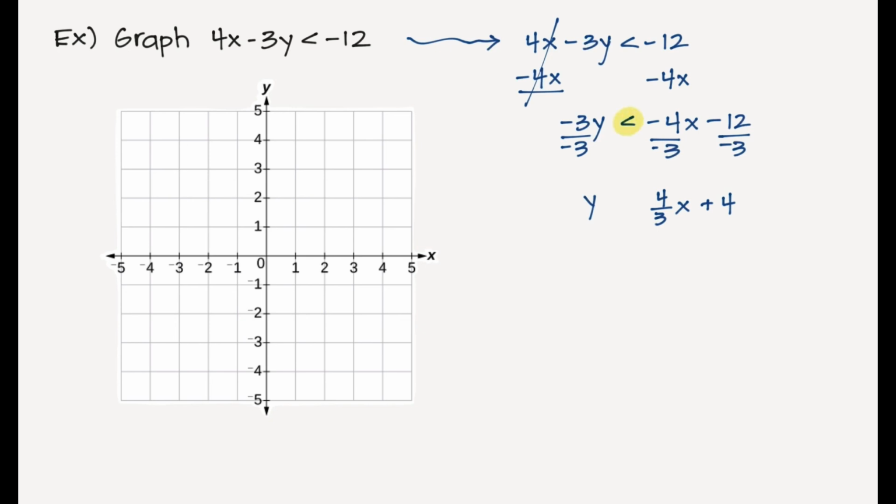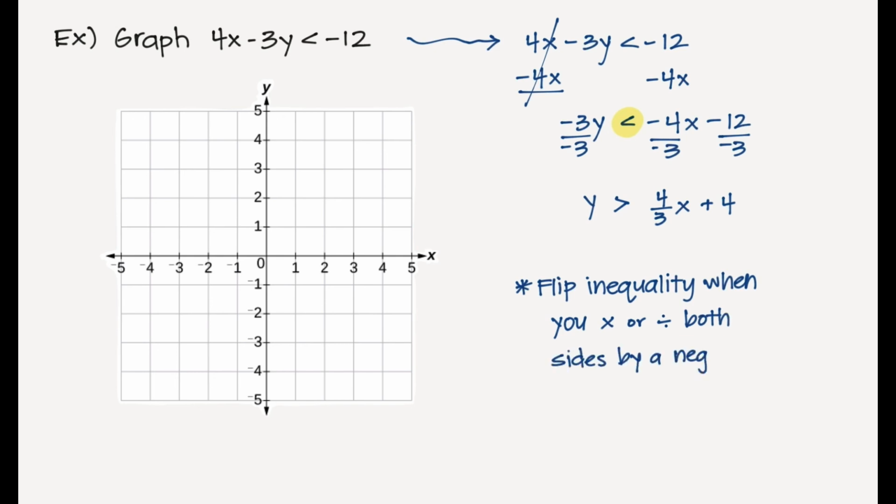But if you remember, whenever you multiply or divide both sides of an inequality by a negative, you're going to flip your inequality. Okay, so maybe make note of that right now so that you don't make any errors when you're graphing. Okay, so we have our inequality now.